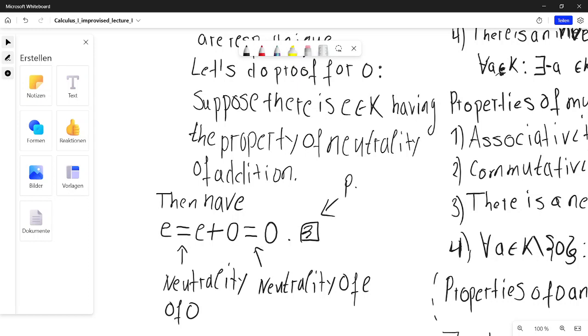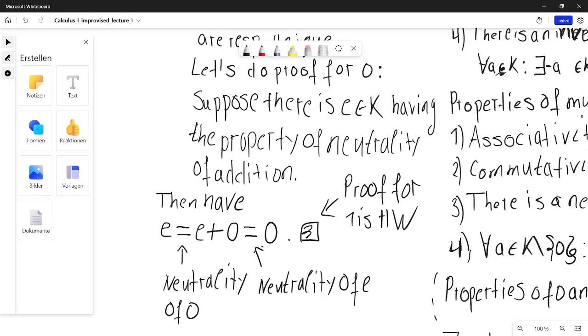Proof for 1, that is, that 1 is also unique. Proof for 1 is homework. So you see, this proof was proved by shift of perspective. Or I mean, the leading principle of it was shift of perspective. This was the central part of the proof. And we just had to see, this is same, this is same.